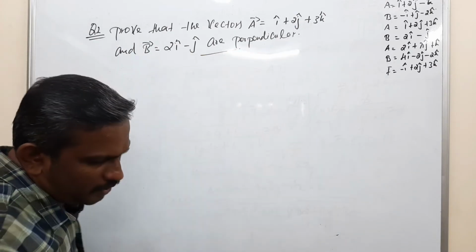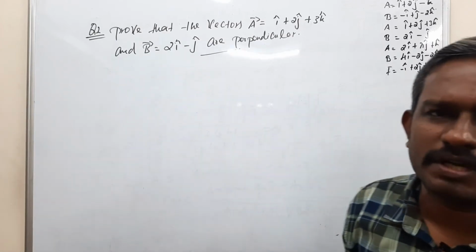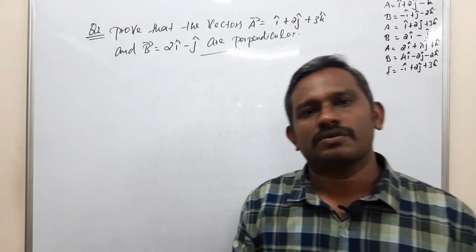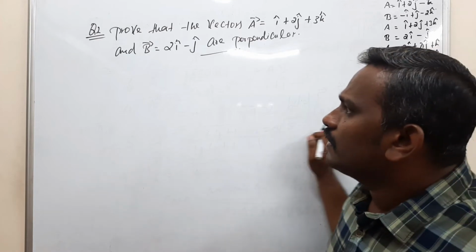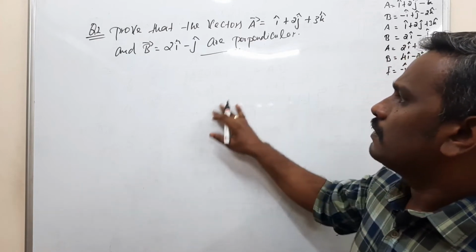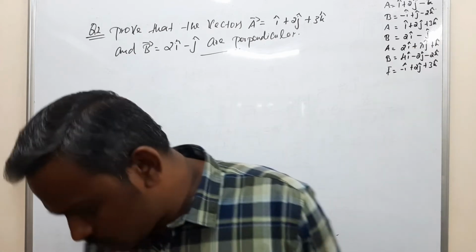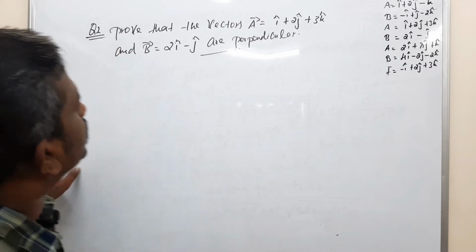If we get the dot product as 0, then the two vectors are perpendicular, which means the angle between the two vectors is 90 degree. So cos 90 is equal to 0. If the dot product is equal to 0, we can say that the two vectors are perpendicular.